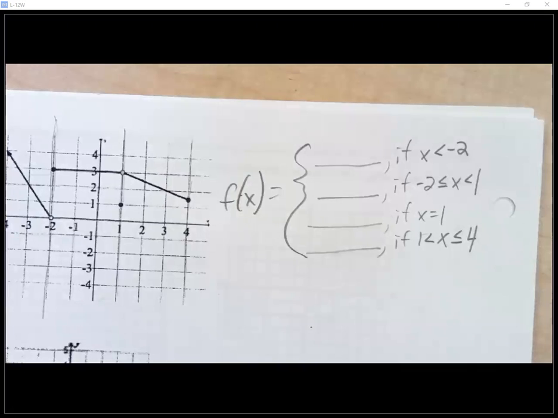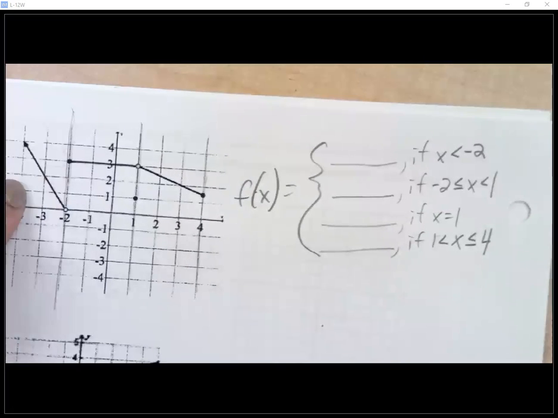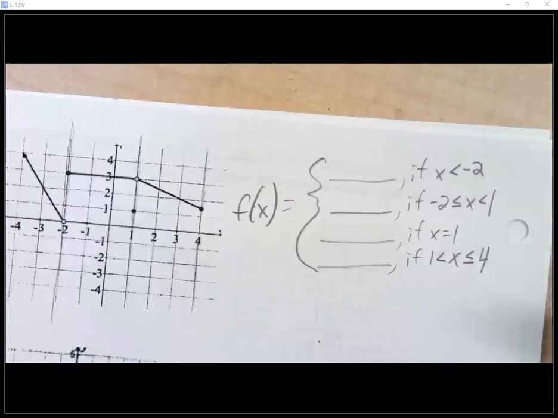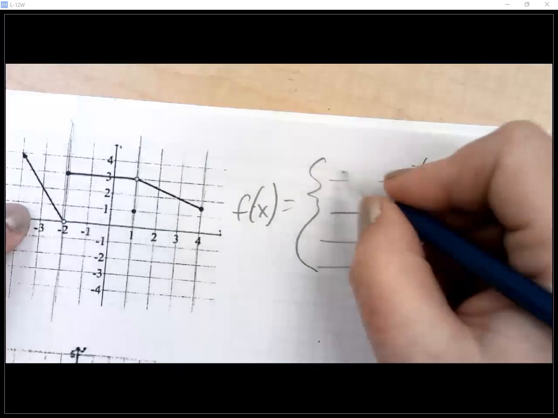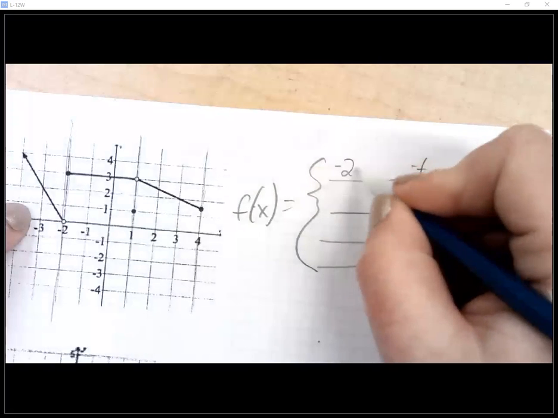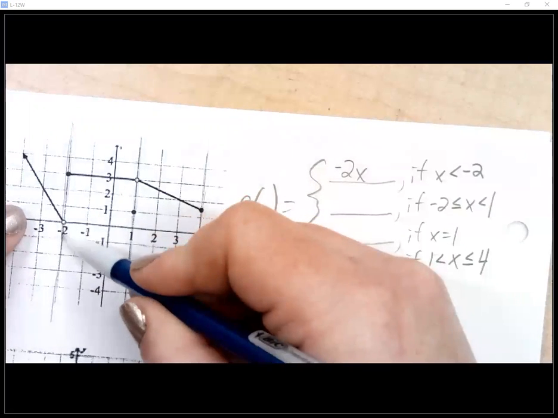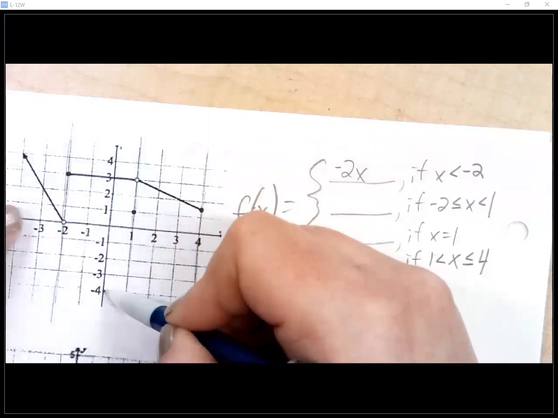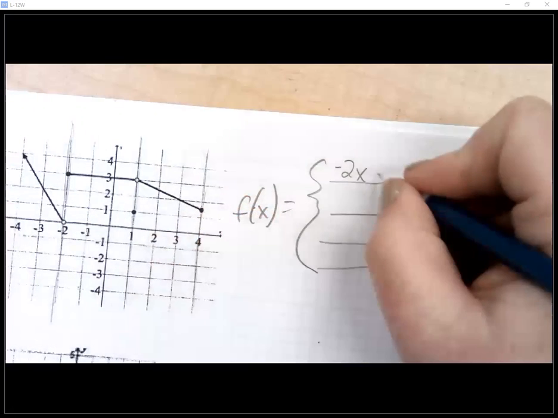All right, now it's up to us to figure out the equations. This one looks like it has a slope of what? -2. And so I can figure out where it would hit the y-axis. Oh, -4, right? So that's easy enough. -2x and a -4.